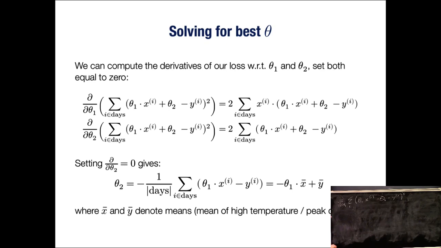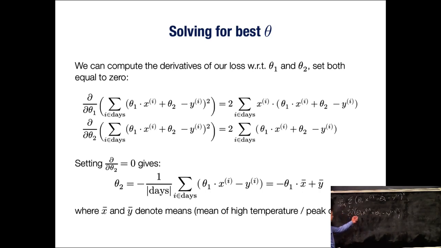Hopefully everyone remembers this, but if you have a derivative of a sum, you can exchange that order, so you can take the sum of derivatives here. When I take a derivative of some term squared, I apply the chain rule and take this whole term without the square, with a 2 in front of it, times the derivative of what's inside. So this is going to be equal to the sum over all i of 2 times theta 1 xi plus theta 2 minus yi, times the derivative of what's inside.